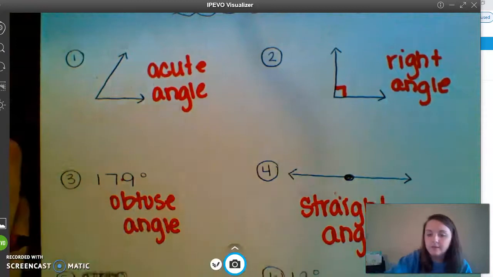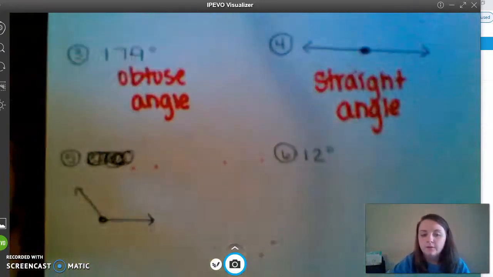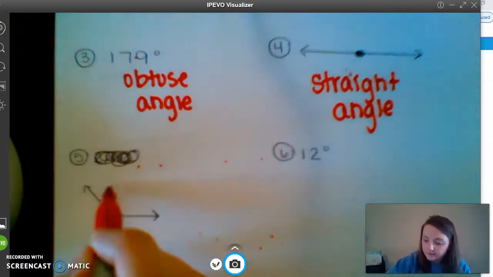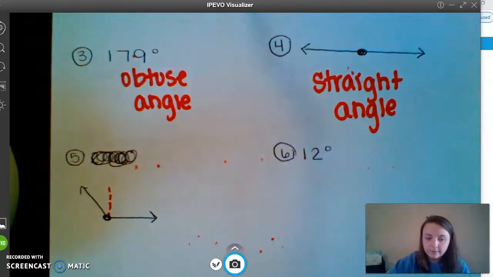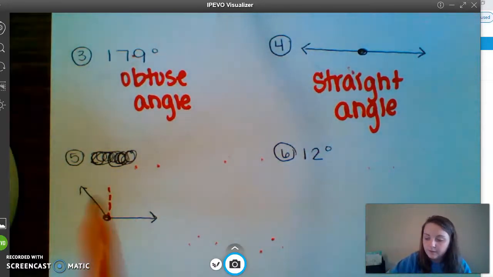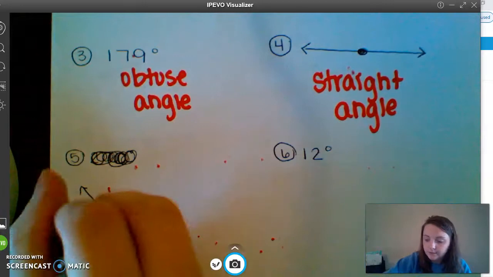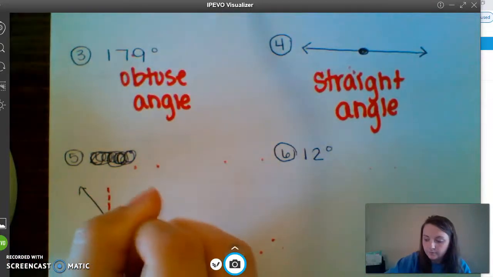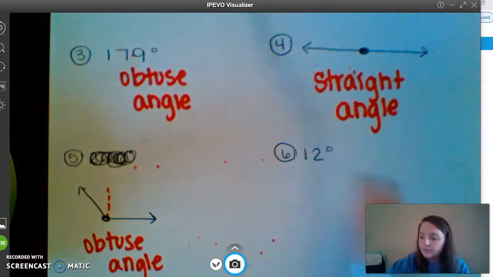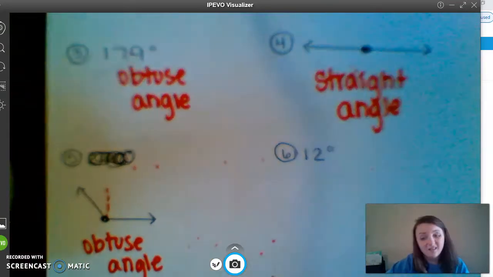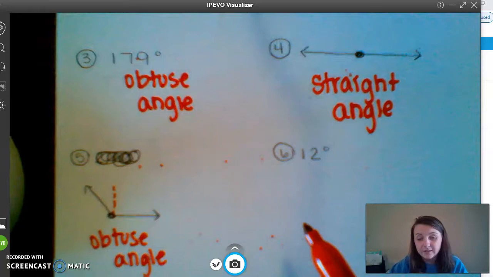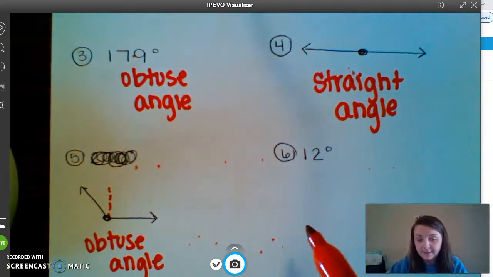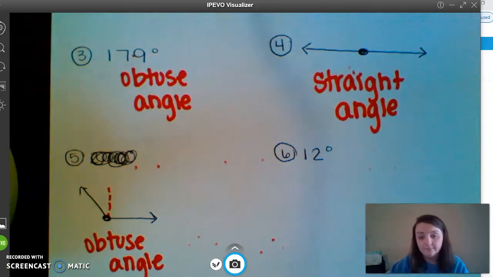And then our last two. Number 5, this is where a right angle would be, roughly. It's bigger than that right angle, so it's going to be an obtuse angle. And 12 degrees. Well, that's a little number. Is it greater than 0? Yep. Is it less than 90? Yep. So what type is it? It's acute.